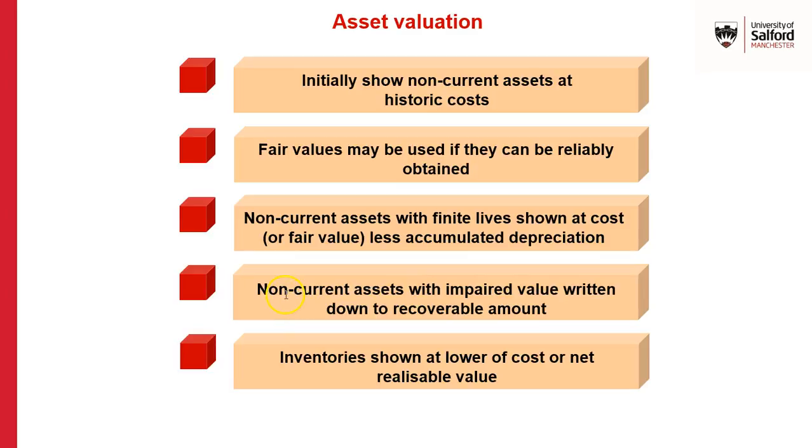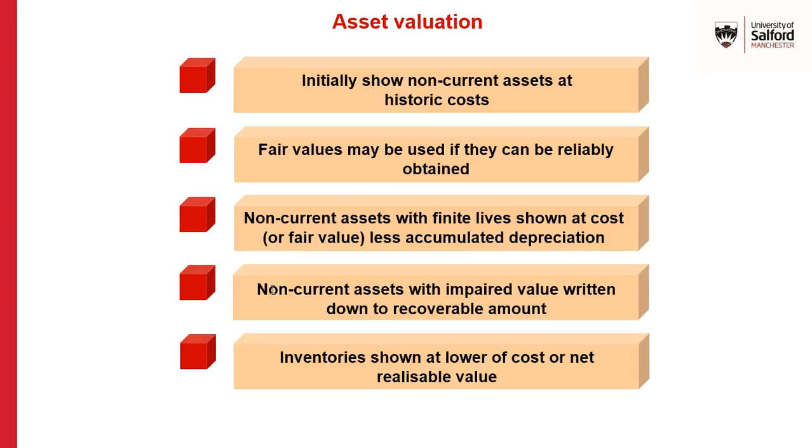Then we have this rather odd phrase, non-current assets with impaired value, written down to recoverable amount, otherwise known as bad debts. That would be one of the main elements of that particular aspect. So somebody may owe you £5,000, but they've paid you £2,500 already, and you don't expect to get any more than that.